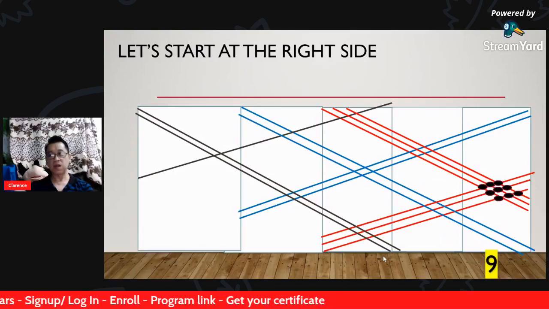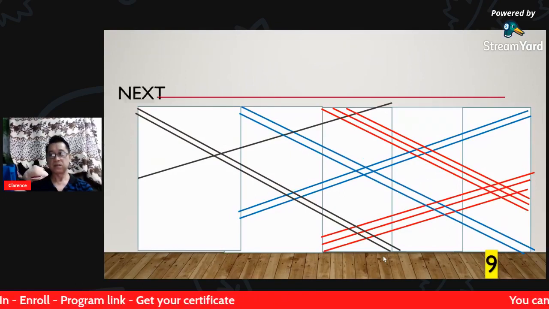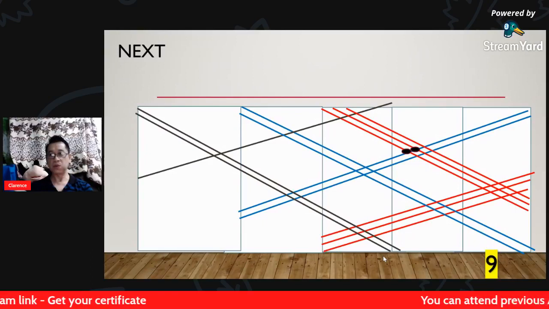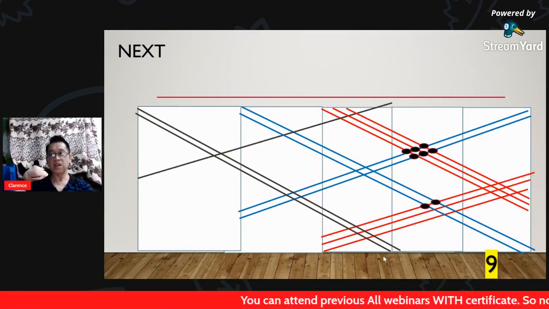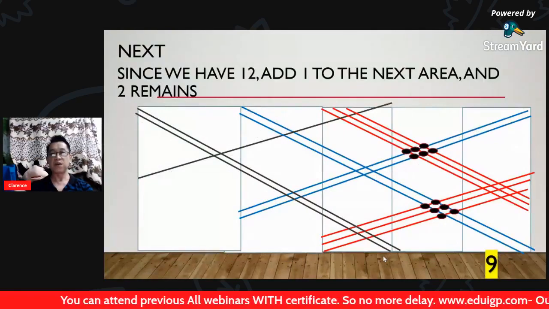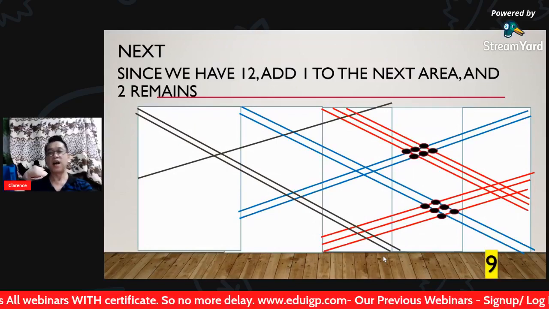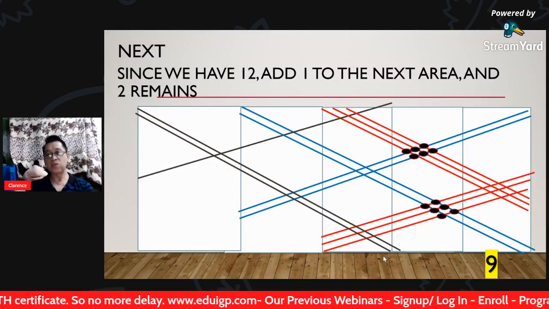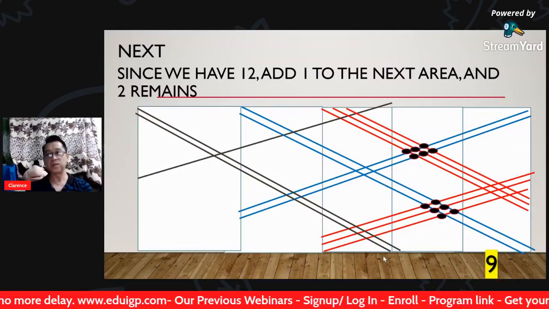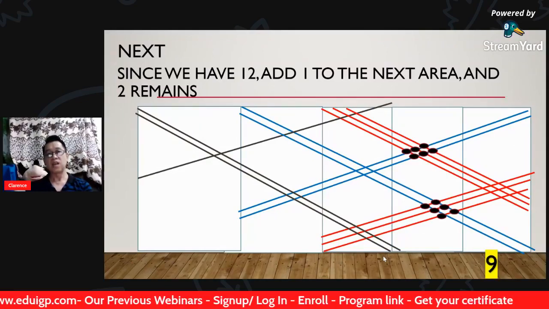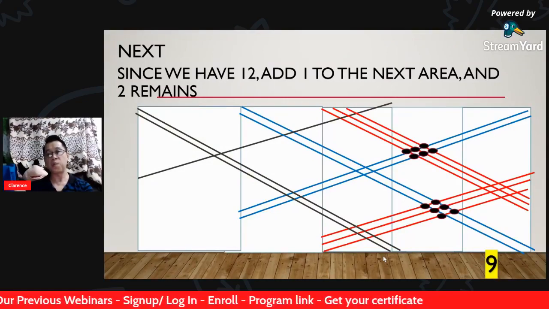So let us count the intersections. 2, 3, 4, 5, 6, 7, 8, 9, 10, 11, 12. We have 12. Again, let us add 1 to the next column, and then 2 will remain on that column.